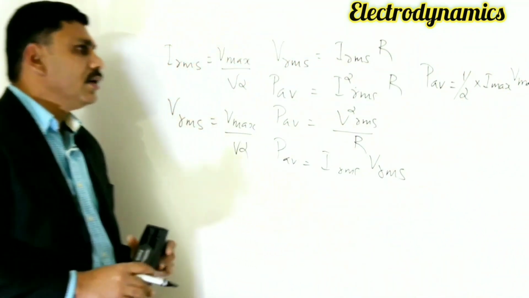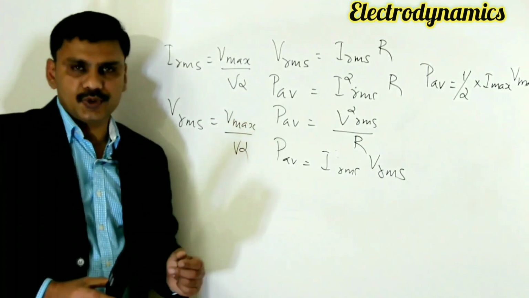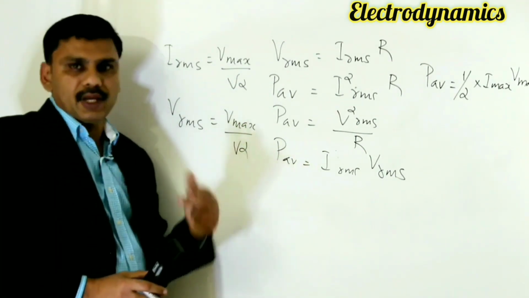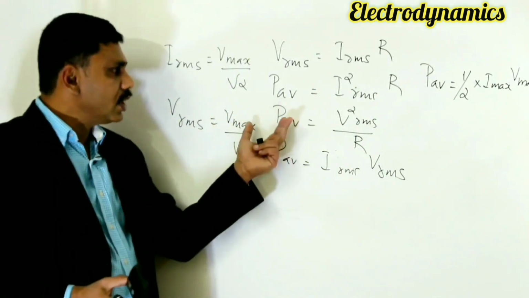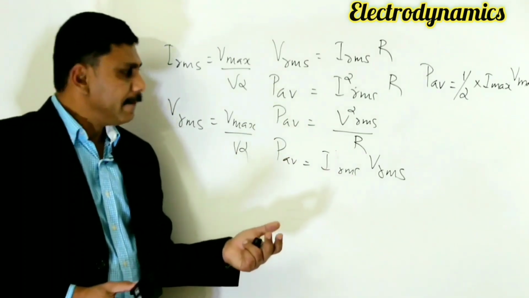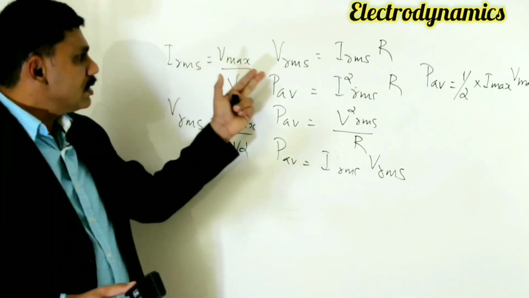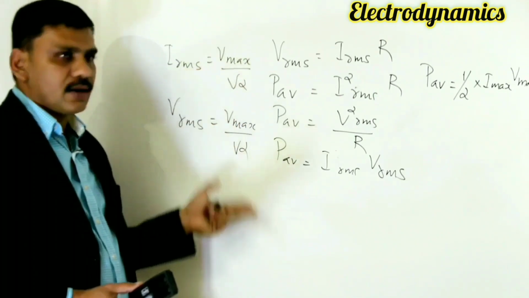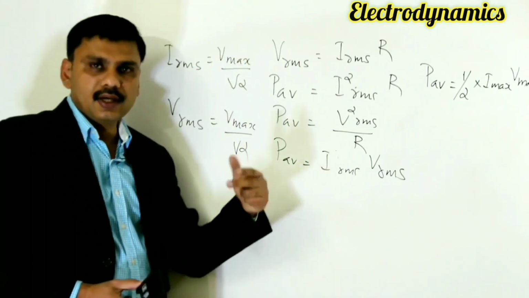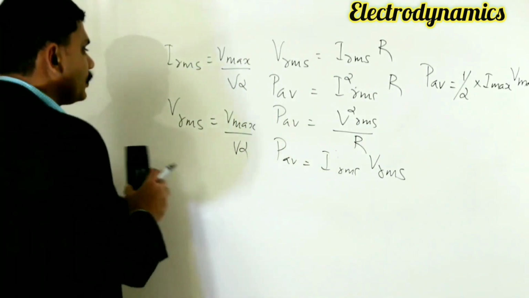So these are the main equations you can use in the numericals. Here you can see only Irms and Vrms are used in the case of an alternating waveform.